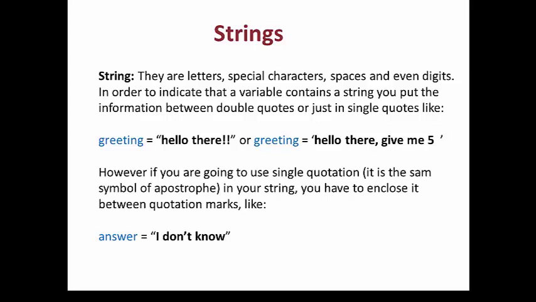So in order to indicate that a variable contains a string, you put the information between double quotes, like in this case, or in single quotes, like in this case. As the definition says, it could be letters like this, but also special characters, spaces, and digits. Everything that is between double quotes or single quotes is a string.